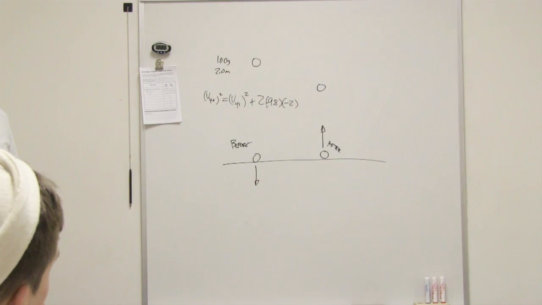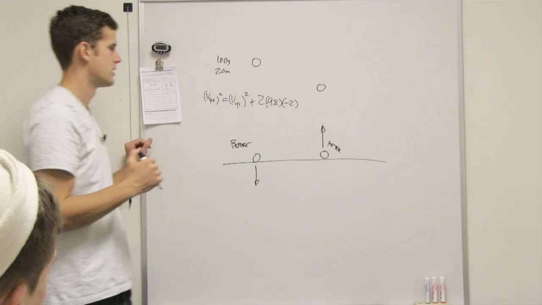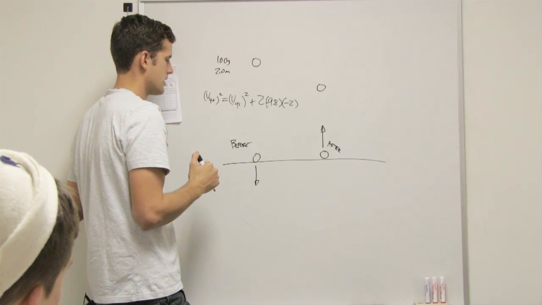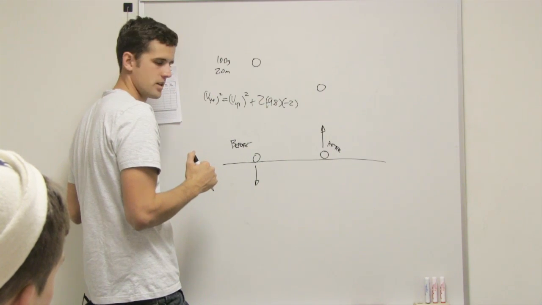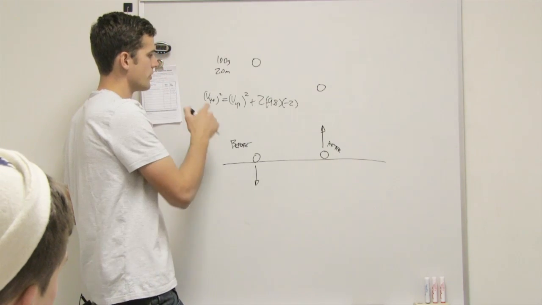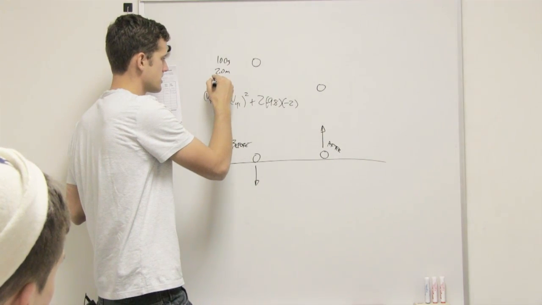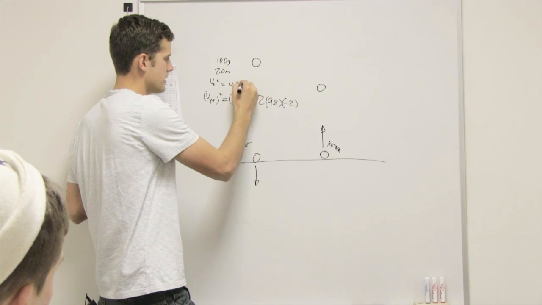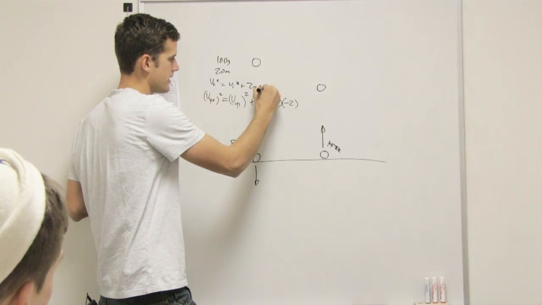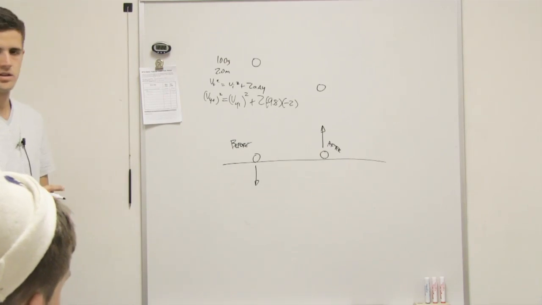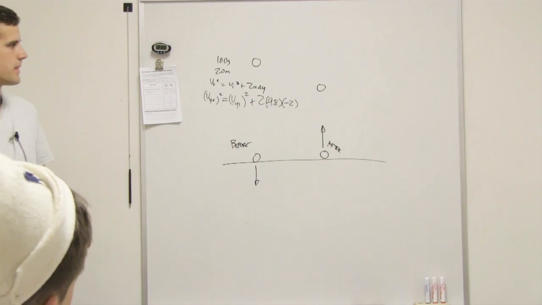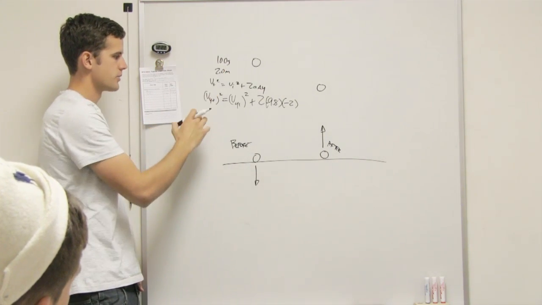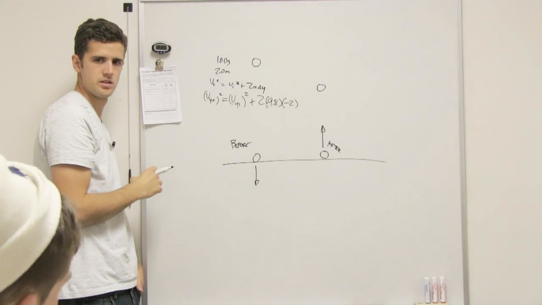This is v final squared equals v initial squared plus 2a delta y. So we don't need to worry about the 100 grams yet. We're just trying to find a velocity.